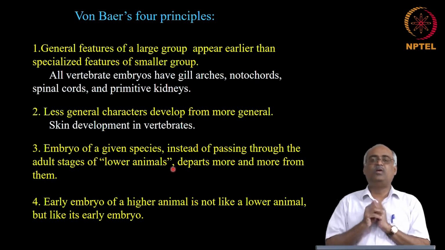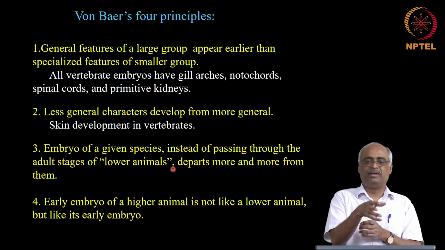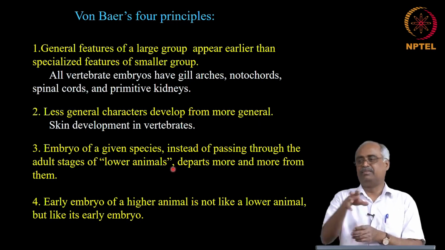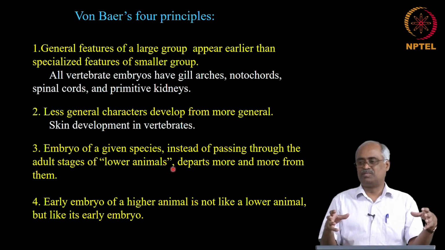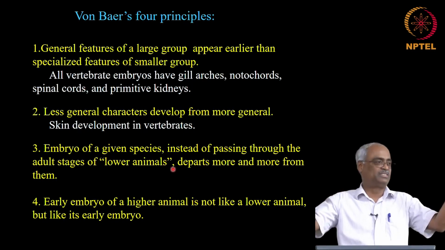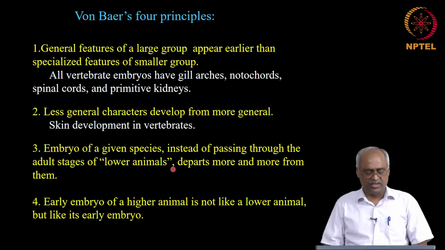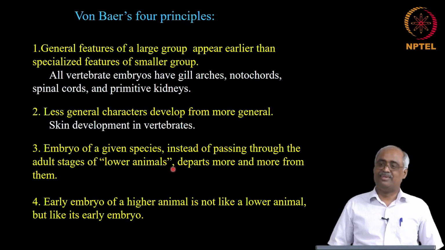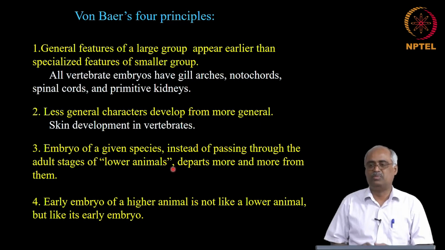Like, as an embryo, you did not go through the simpler anatomy of other mammals that have simpler anatomy and then reach the human anatomy. So both the simpler one and the complex one start from a general feature, and from that you more and more specialize. Okay. So therefore the early embryo of a higher animal is not like a lower animal, but it is like the early embryo of that lower animal. So this is the main point of von Baer's principle.